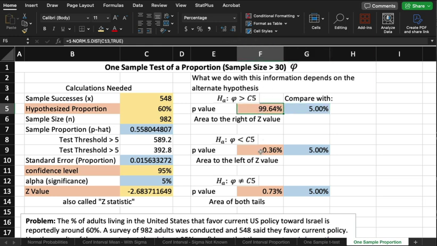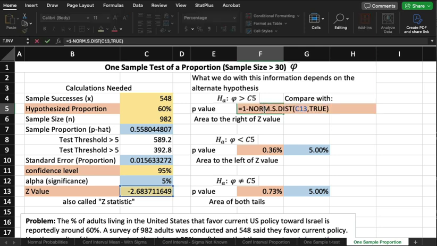Okay, so these p-value calculations are a bit complicated, so pay close attention to them. The reason they're complicated is that basic Excel, unless you get some extra add-ons, doesn't just do a hypothesis test, unfortunately.